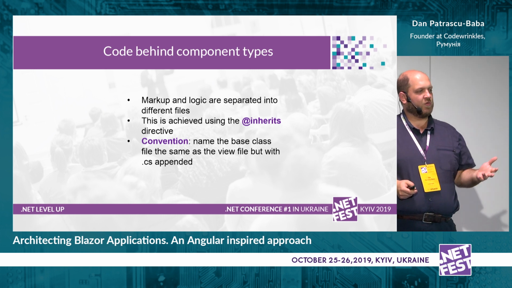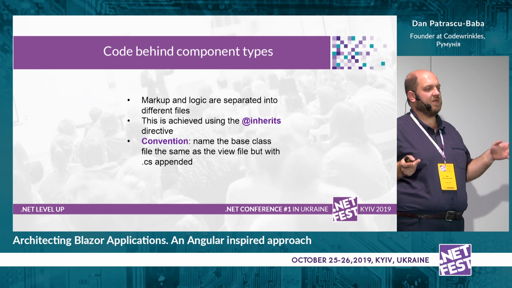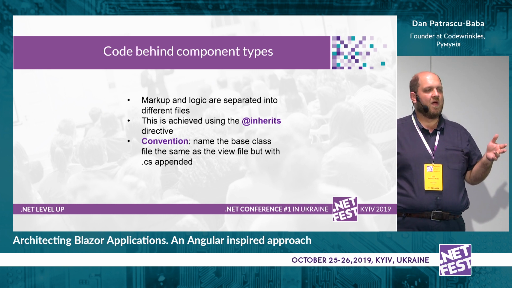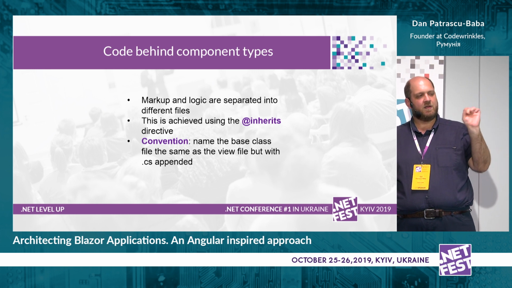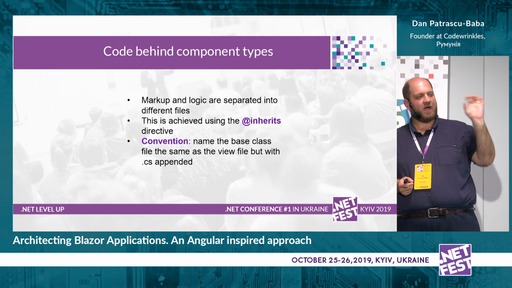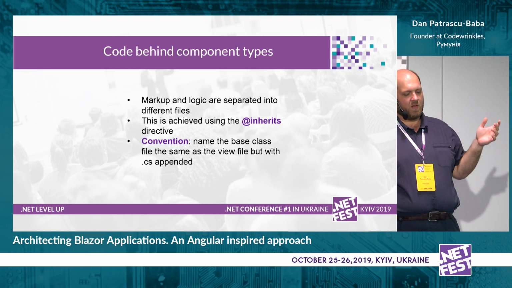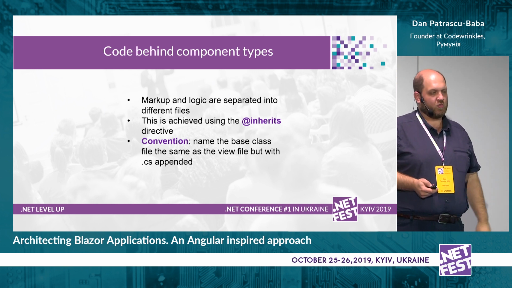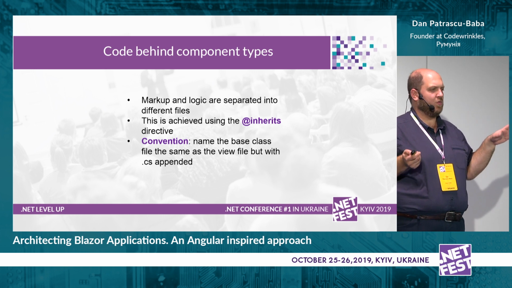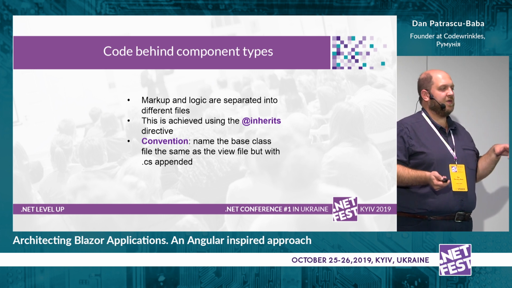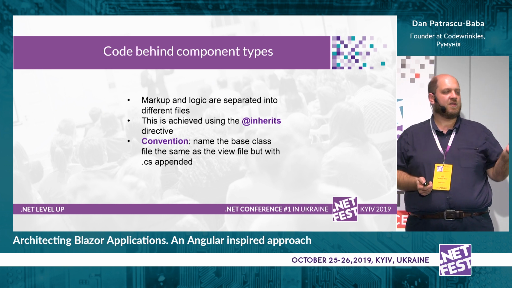The reason we have to do this is that in Blazor there was, or partially there still isn't, any support for partial classes. So you cannot really bind directly two files or two class names that are the same. So we needed to use this convention. However, in .NET Core 3.1 preview 1, I guess, there is already support for partial classes, and then this convention is not needed anymore.